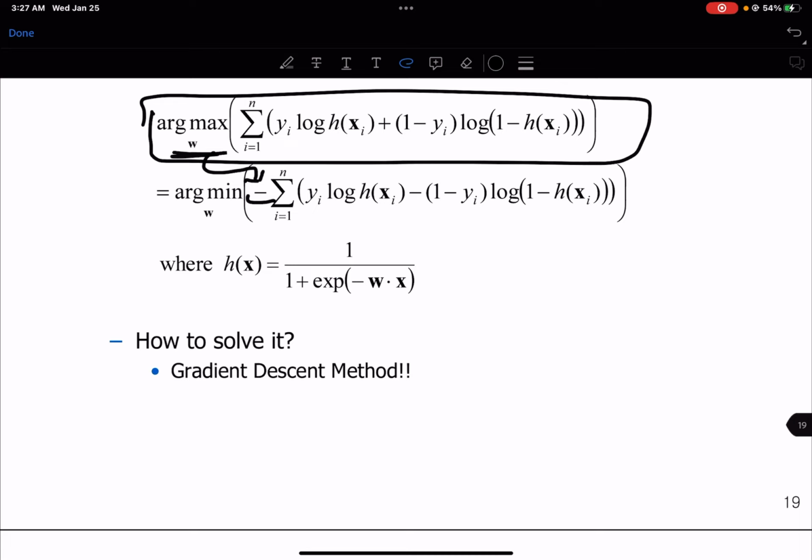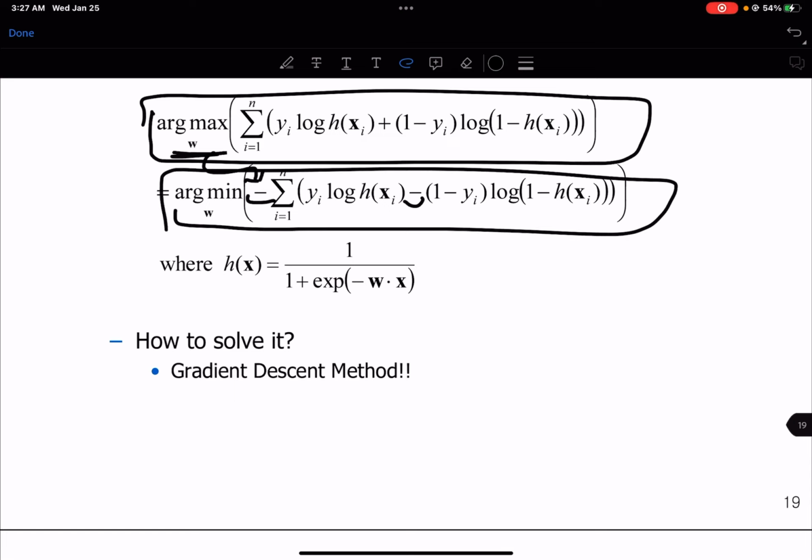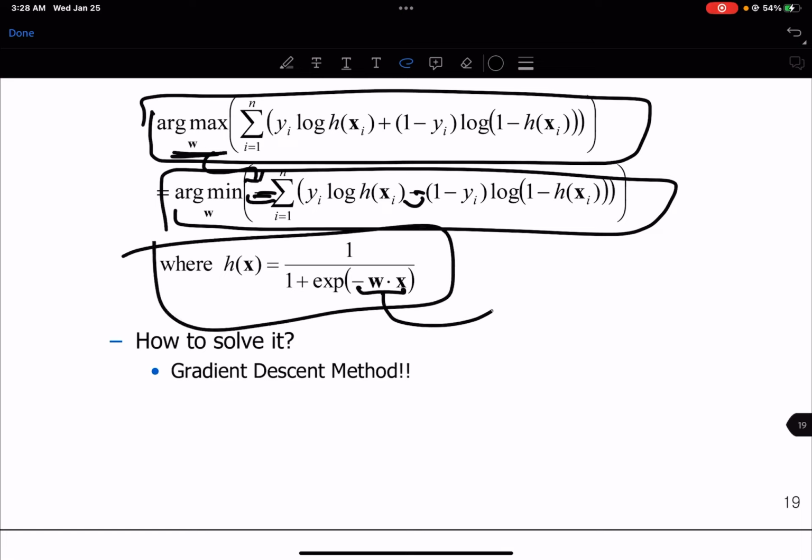When the error is minimized, we write the negative value. The more negatively it is scored, the better it is, as I mentioned in the previous lecture. So you're taking the minimum of this function now, and these are the negative values, where h of x is represented as this one. Why do we write it like this? Because we know f of x is the summation of w x, right? So we can write this.